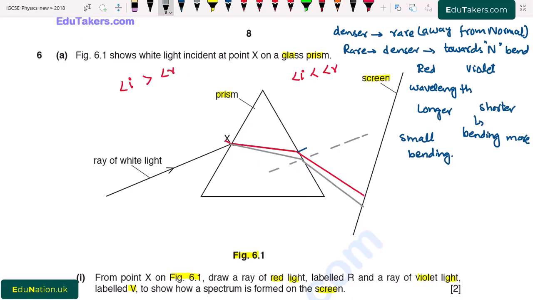So this is the path for the violet light and red light. Now I erase this normal ray from here and put arrows.